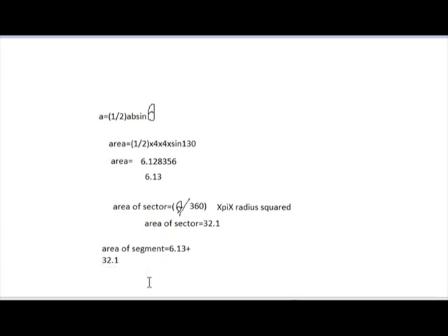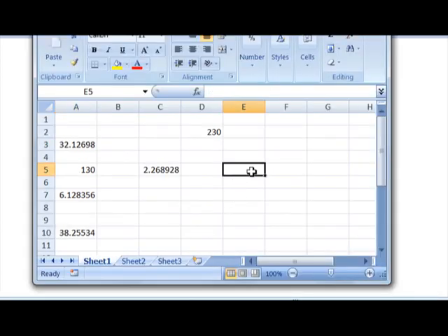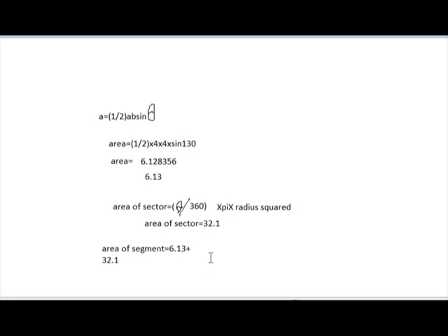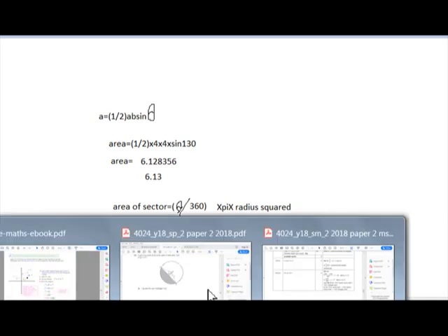What do you get, guys? 38.2. So the final answer is 38.2. And what units are we talking about?